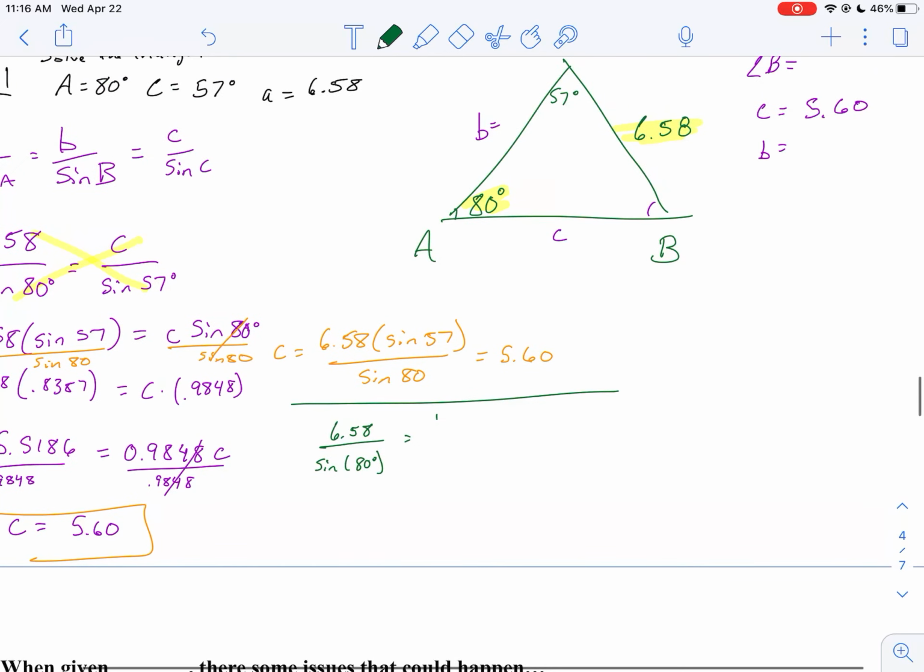But if we try to set up B over sine of B here, we still don't know either one. Two variables, we're not going to be able to use this proportion to solve it.